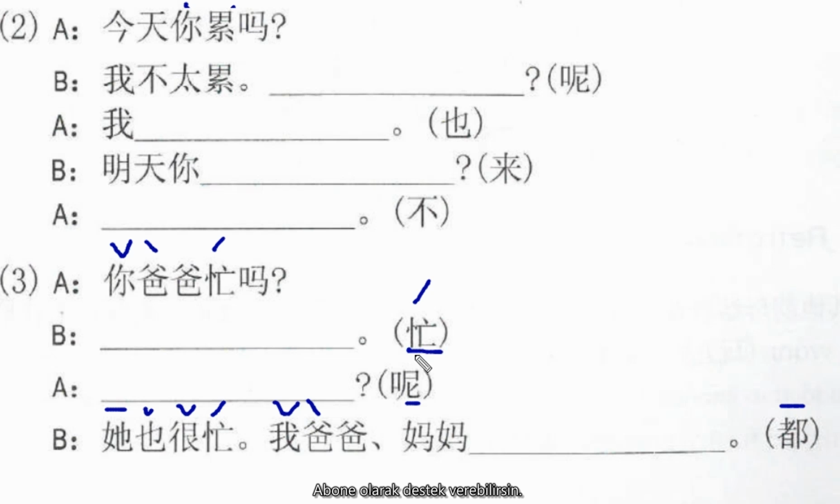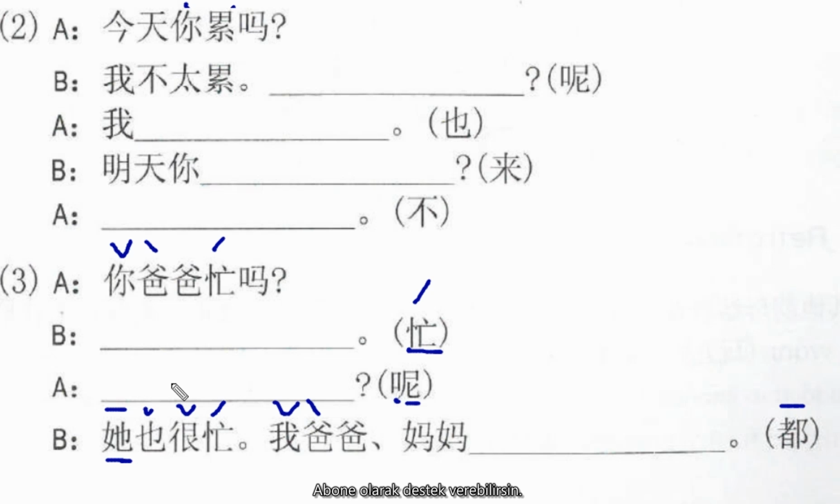So we should use 忙, but it's not certain whether it's positive or negative. So we will go on, and we should use ne here, and we look at the answer, ta, which means she.